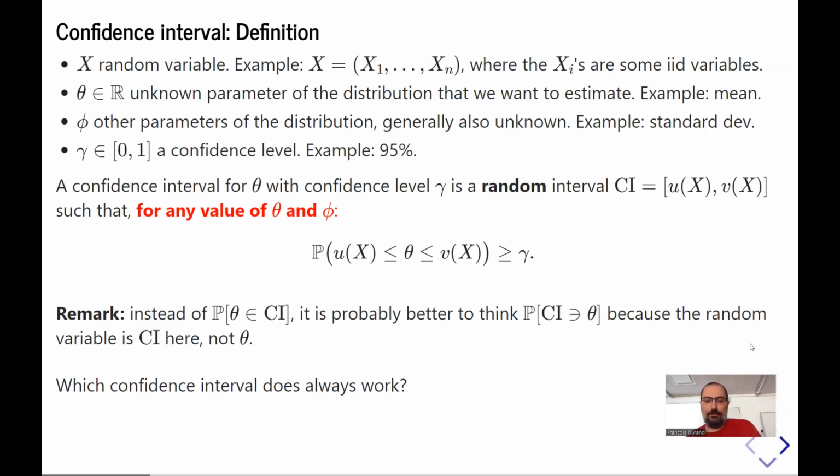a random interval. Okay, so now just to see that you follow me and that you're not asleep, do you have an idea of a confidence interval that will always work? It's a real parameter, so simply minus infinity, plus infinity.